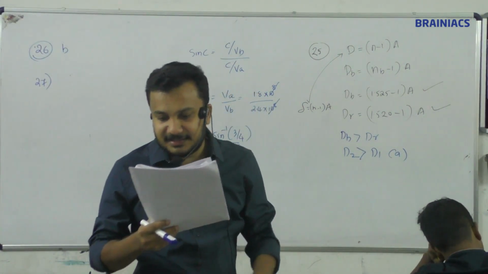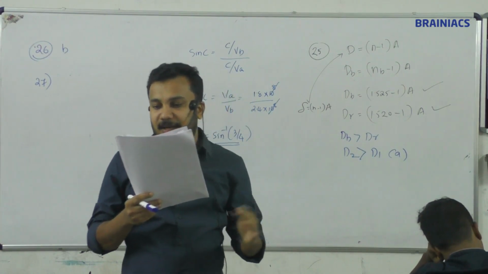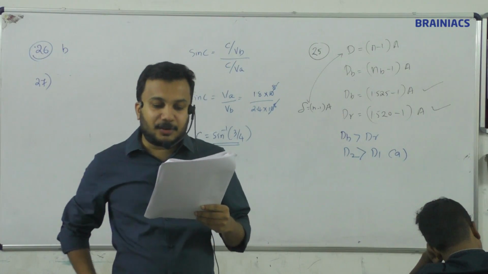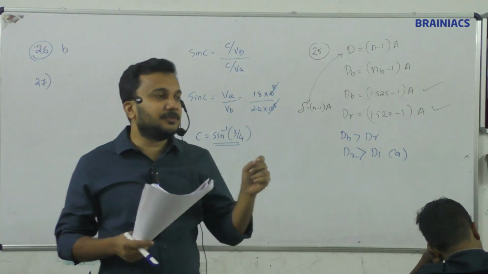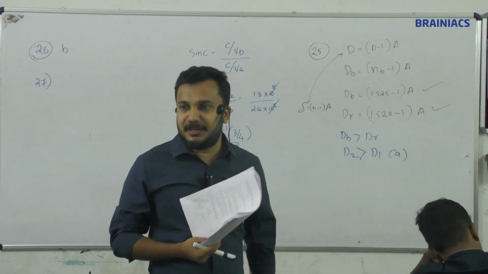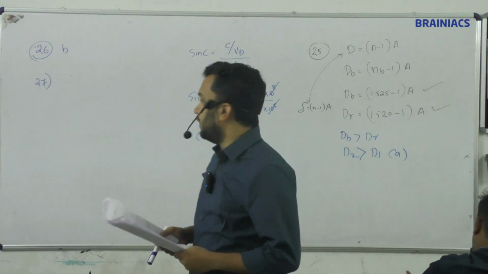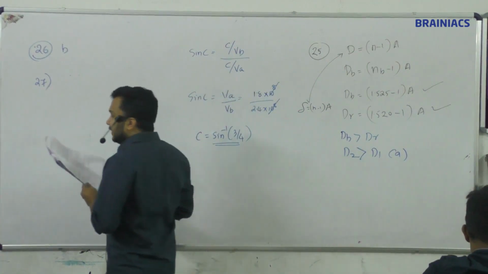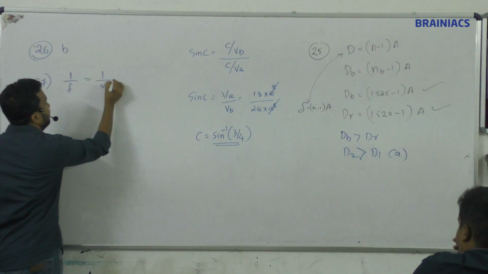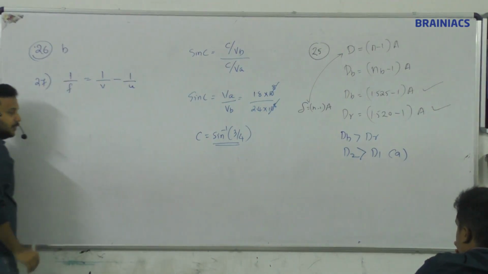The lens is placed at a distance of D ahead of the second wall, meaning D meters. So how to find the focal length of the lens? 1 by F is equal to 1 by V minus 1 by U. This is the lens formula.